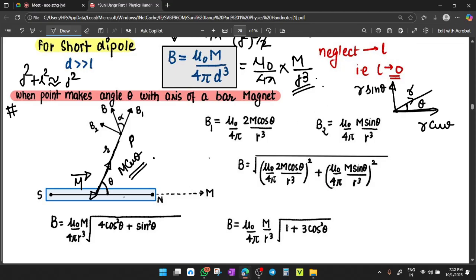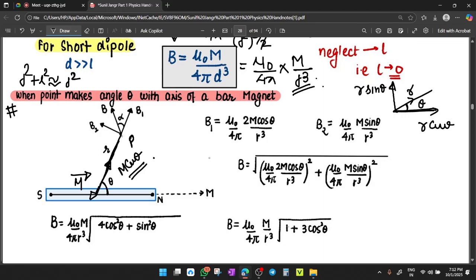So if this is direction M, then this component equals M cos theta. Clear? Now see, we have to find the intensity of magnetic field because of this M cos theta.